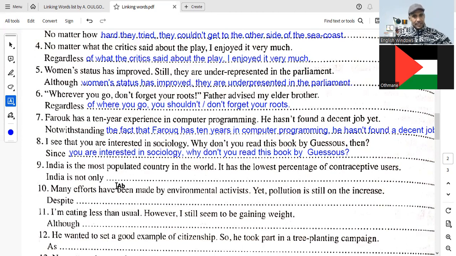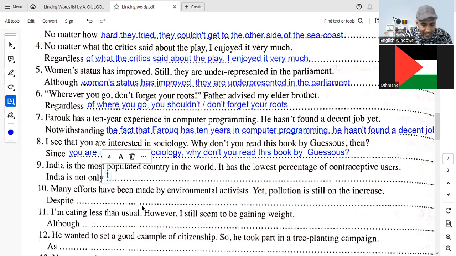India is not only the most populated country in the world, but it has also the lowest percentage of contraceptive users.